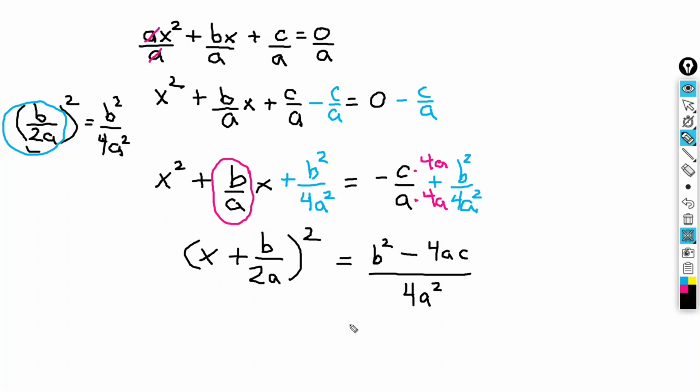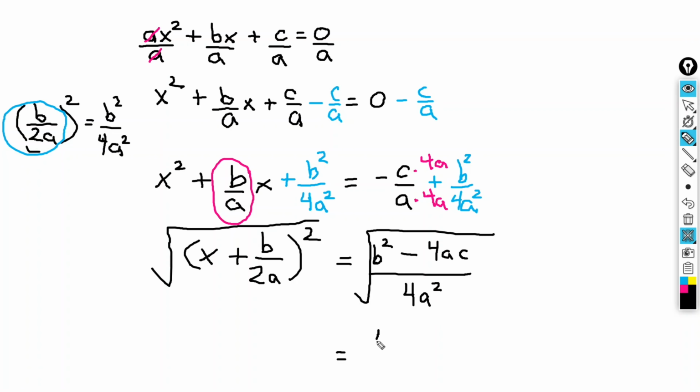Our next step is to take the square root of both sides. So take the square root of this, take the square root of this, and when we take the square root, we have to focus on the positive and negative square root. The square root of 4a squared is 2a.